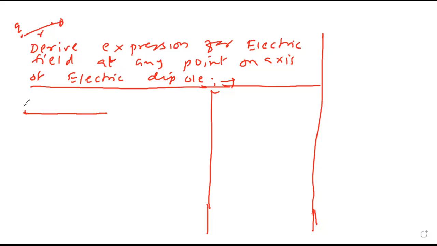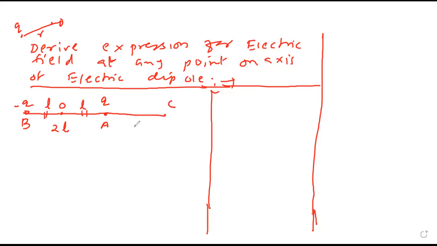So suppose this is the negative charge, this is the positive charge, separated by distance 2l. If O is the center, then OA and OB distances will be l.